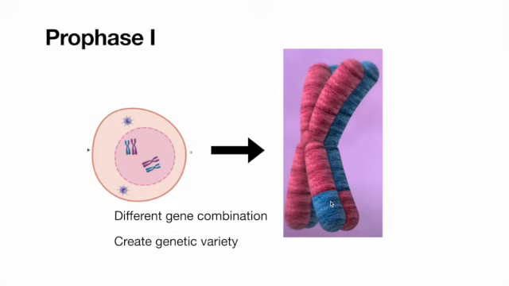Because of crossing over, it creates many different DNA from person to person, and this solves this problem. This also explains why siblings born from the same parents can have different looks.